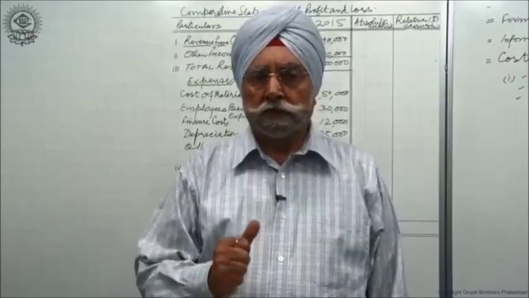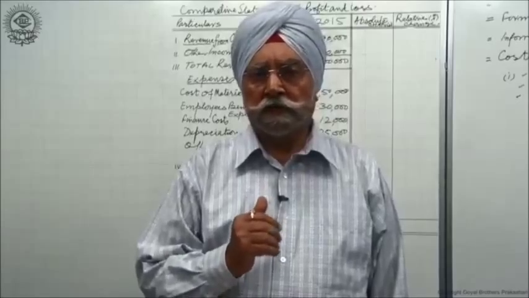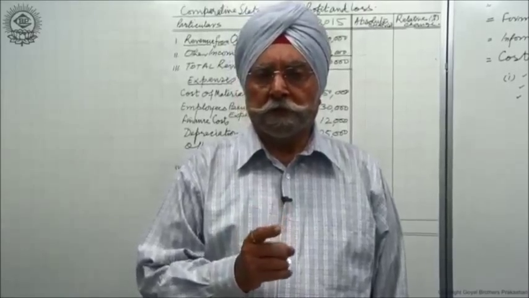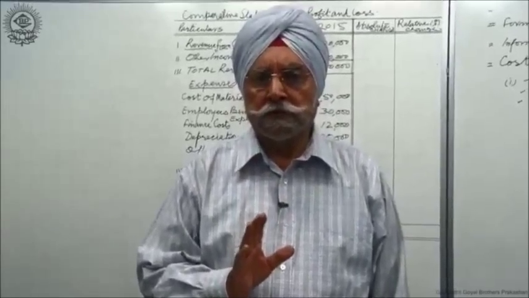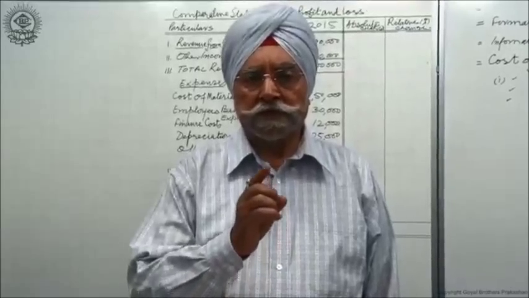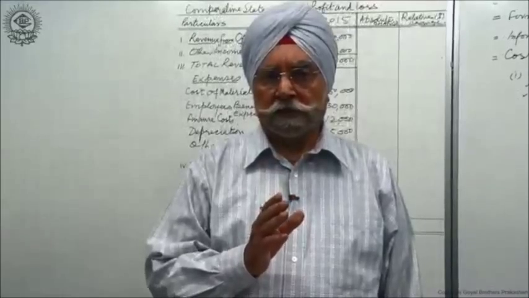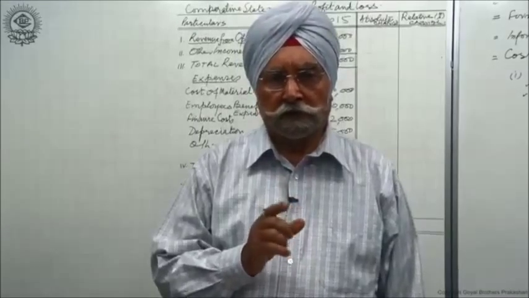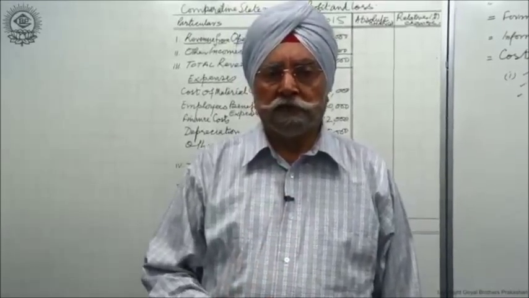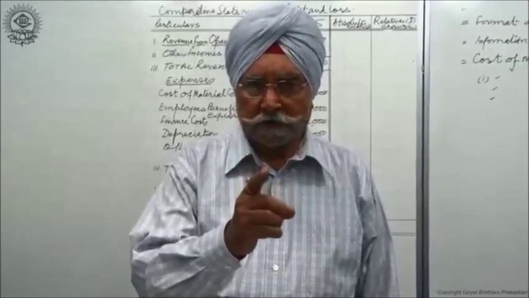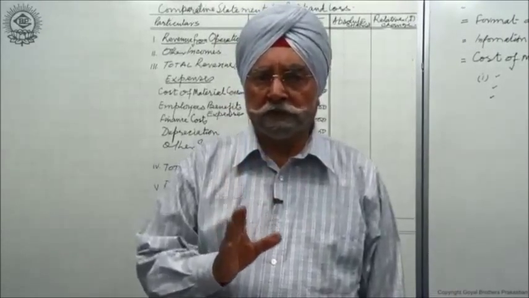The statement of profit and loss account is to be prepared strictly according to the format given in the Companies Act 2013. In that format, the statement of profit and loss account starts with revenue from operations.